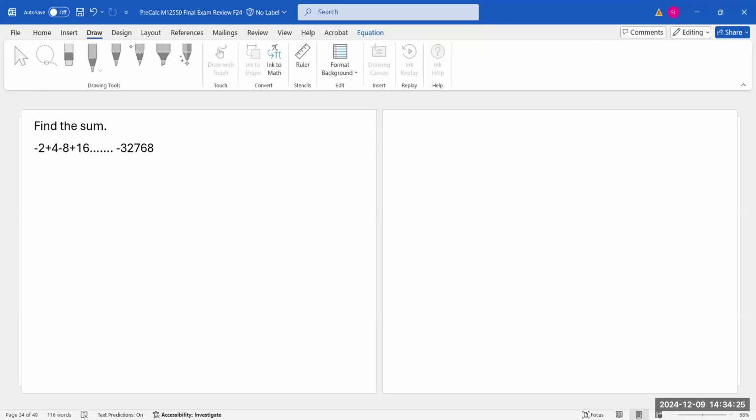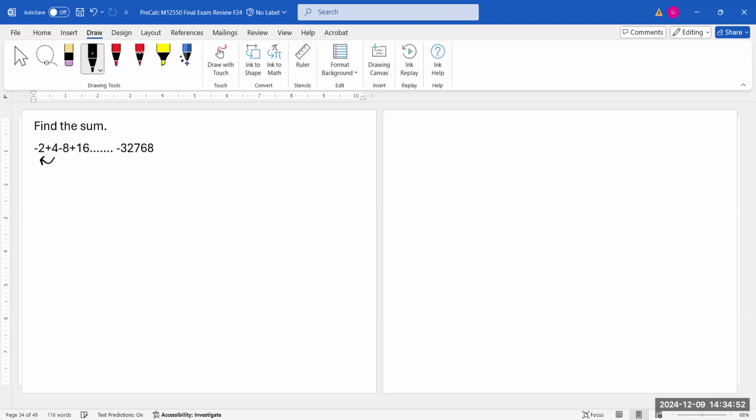So step one, figuring out what our sequence is. If you look at the difference, 4 minus -2 is 6. -8 minus 4 is -12. So obviously they don't have the same difference. Since they don't have the same difference, it's not arithmetic. So we want to see if it's geometric or not.